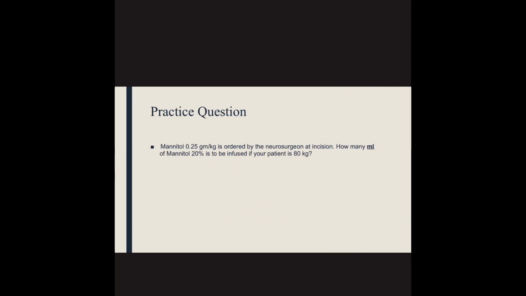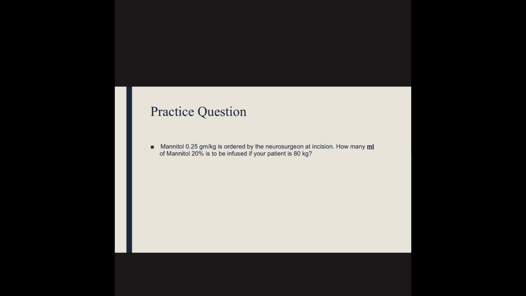Okay, so this question looks pretty confusing at first, but when you break it down, it can be pretty simple. Mannitol 0.25 grams per kilogram is ordered by the neurosurgeon at incision. How many milliliters of mannitol 20% is to be infused to your patient? The patient is 80 kilograms.